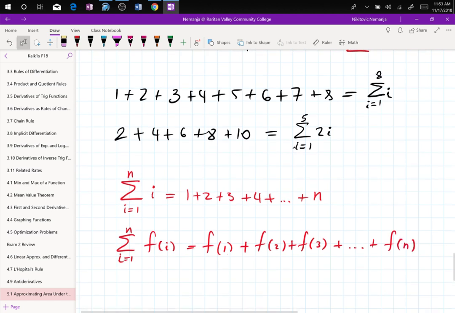So we can plug in this. i could be a counter that works directly, or it could be embedded in the function. And we'll need all of these concepts.